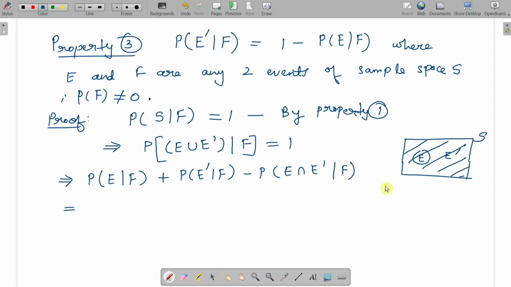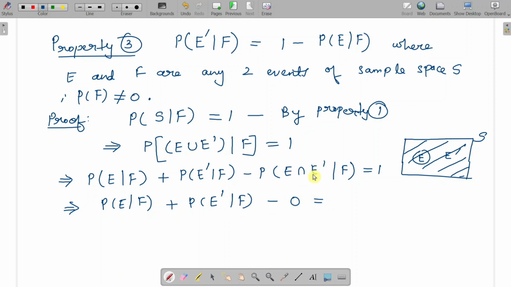So this is equal to 1. So probability of E such that F has occurred plus probability of E prime or complement such that F has occurred minus 0, because this is equal to 0, right?